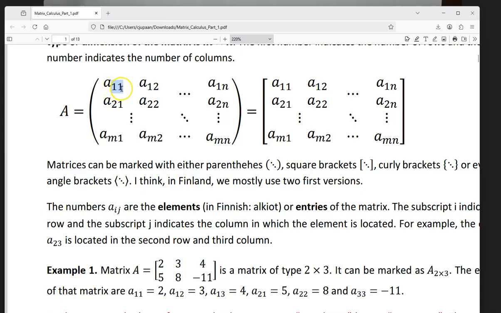For example, this first element there is located in the first row, this horizontal row, and the first vertical column. So both are first. It is in the first line and first column. And for example, this a21 is located in the second row and first column. So that is the logic in those subscripts there.